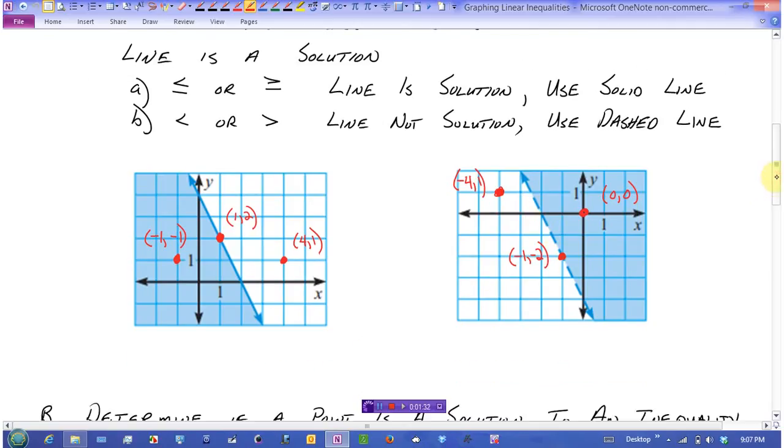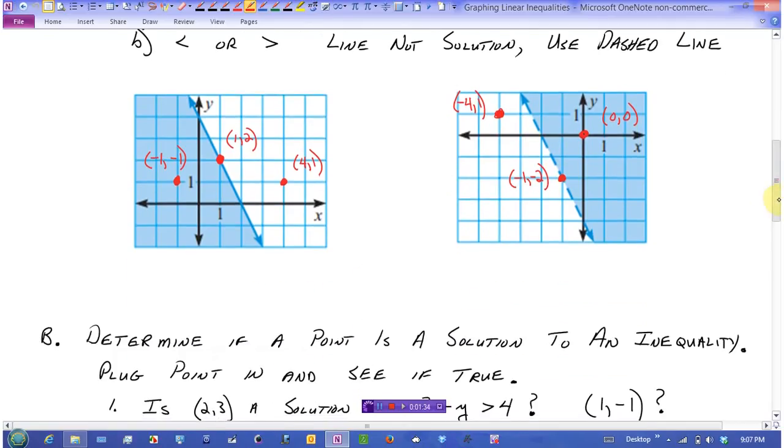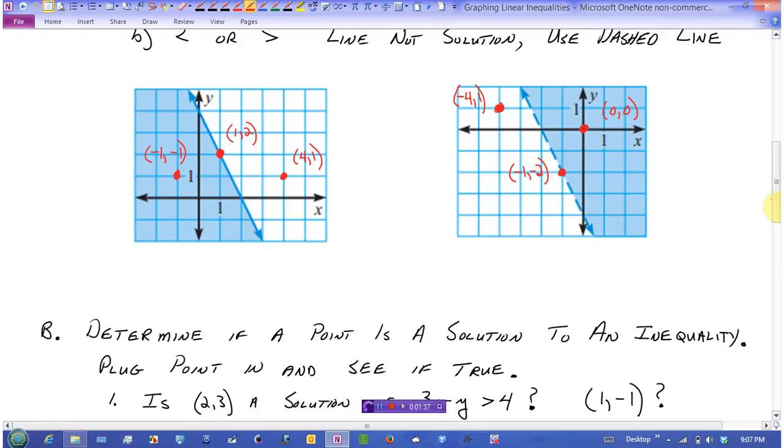So let's go through this and talk about that just a little bit more. Here I have an example of a graph that would be an inequality, and we can see it's got 3 points on it. This point over here, the point (4, 1), is not in the shaded region. So if I substitute (4, 1) into the equation, it wouldn't work. The point (1, 2) is actually on the line.